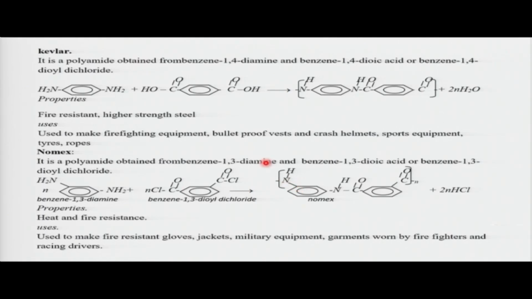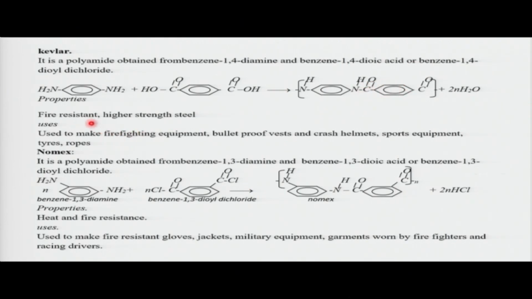We talked about Kevlar last time, and we said Kevlar is a polyamide, or we can call it a condensation polymer, which comes from benzene 1,4-diamine and benzene 1,4-dioic acid, which are illustrated here on our slides. So we have a polymer, and this polymer, we call it what? Kevlar.